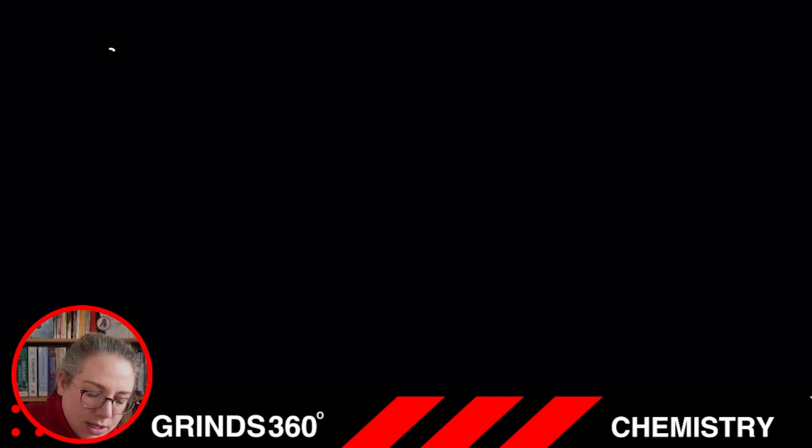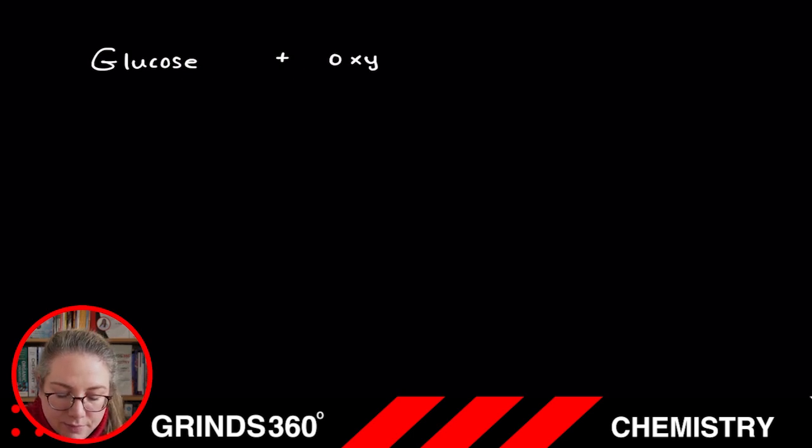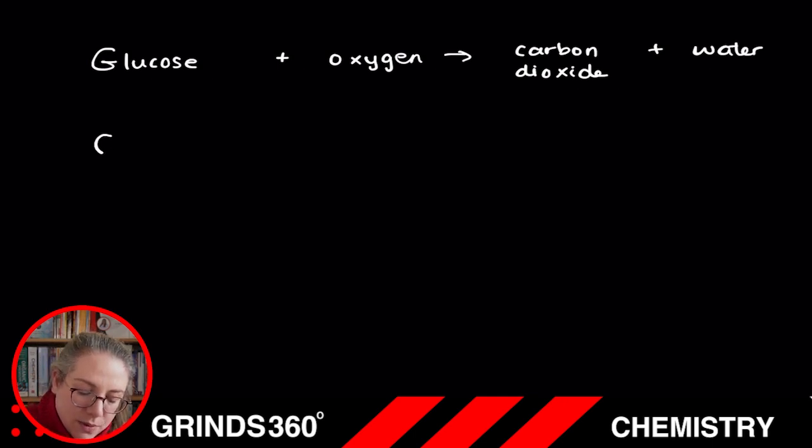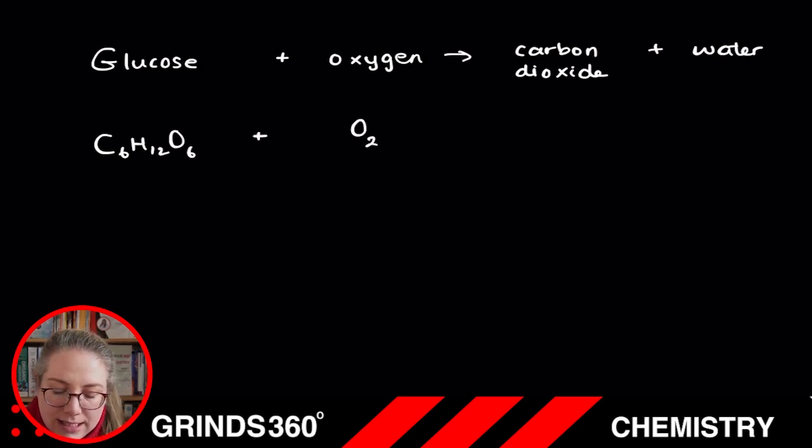So for respiration, we have glucose reacts with oxygen and we form carbon dioxide plus water. Now, glucose has the formula C6H12O6. The formula for oxygen is O2, and then we form carbon dioxide plus water.